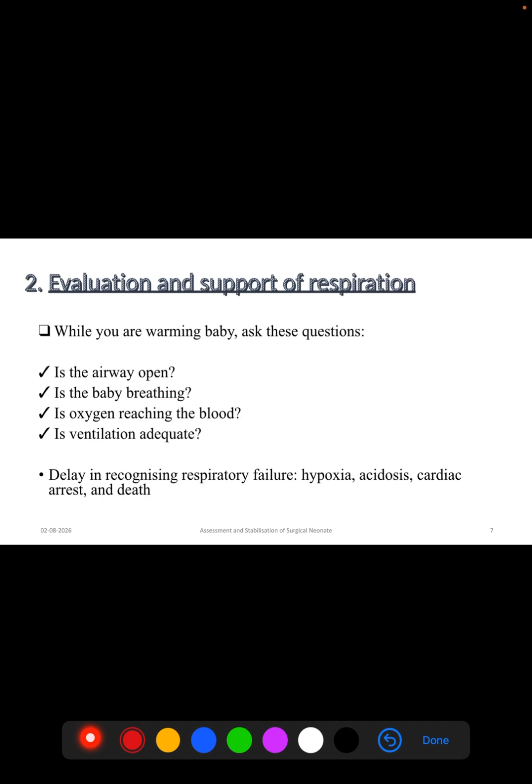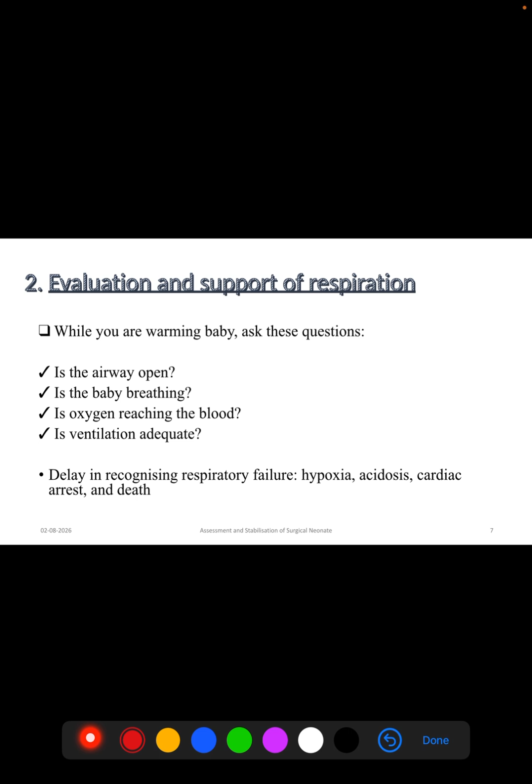And then evaluation and support of respiration. While we are warming the baby, we should not forget the other steps in the entire management. So we have to look for whether the airway is open, that means there is no pooling of any secretions or other problems.